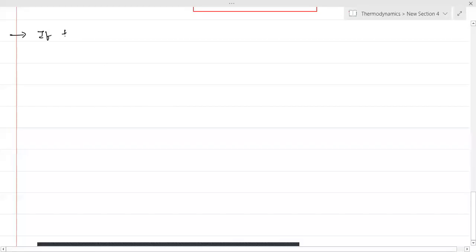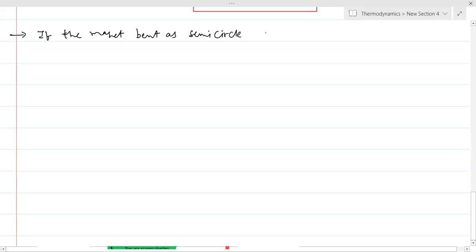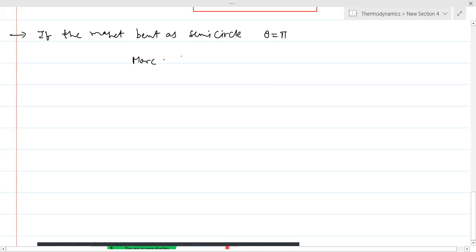Suppose the magnet is bent as a semicircle, then we will take theta equivalent to pi in our desired formula. Suppose we use M arc equivalent to M wide into sin(theta/2) by theta/2. So this is the question.